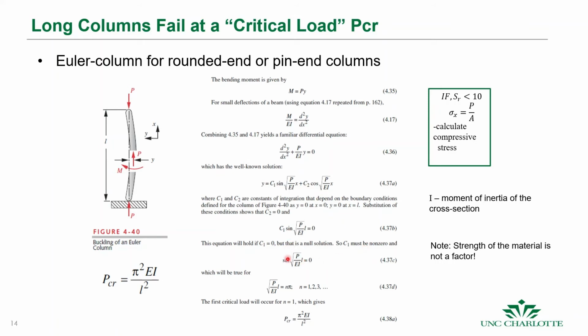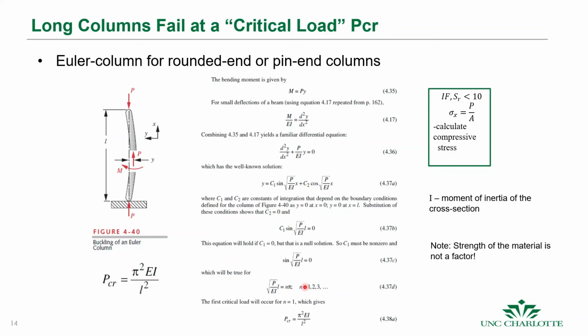Well, this equation is equal to 0 every time that it's equal to n pi, right? So if we have n pi, it's C1 times sine of n pi, where n is any integer. It's always 0, right? That allows us to use this equation here, and we make n equal 1.